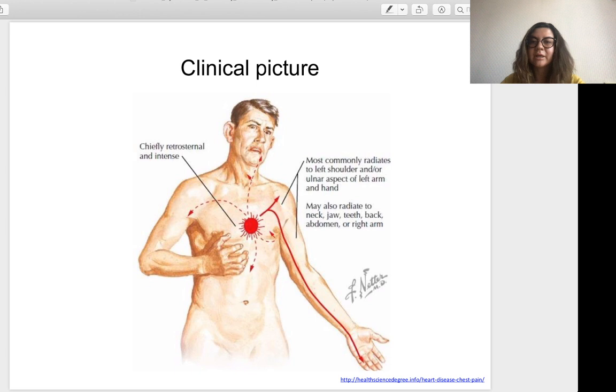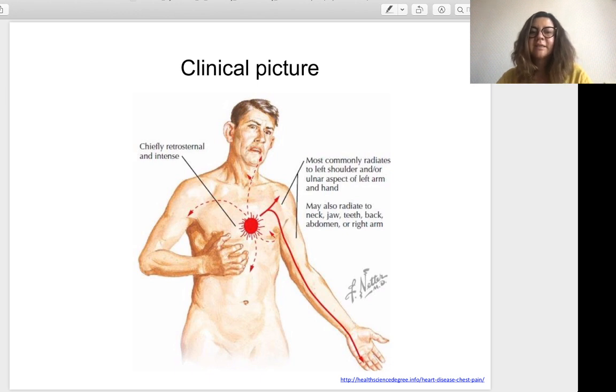Yes, one more time, the clinical picture of angina pain. It is a pain with a specific character. It is substernal. It can be shifted a little to the left, most often provoked by physical activity or stress.